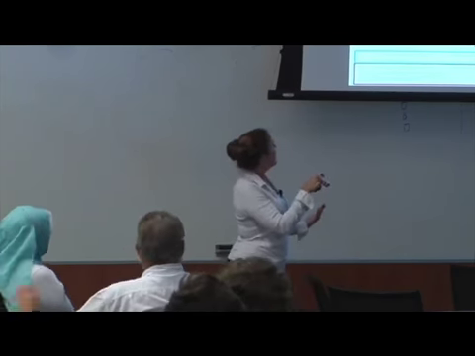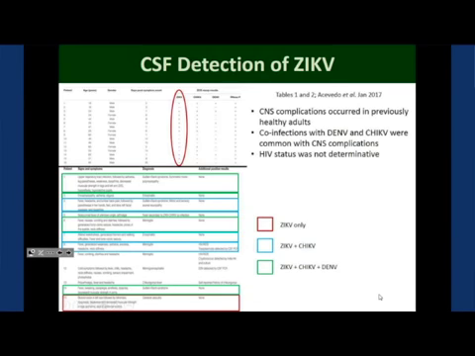All right. I just insinuated this, but just to show you directly, there've now been several papers that show direct detection of Zika virus by molecular methods in cerebrospinal fluid. And in many cases, obviously because you're taking CSF out of them, these were clinically affected patients.